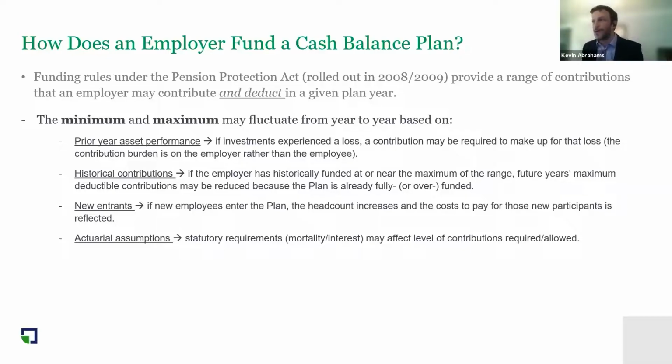So basically, the point is, as opposed to a defined contribution plan where you fund one year, it grows, and you don't look back, and you're just worried about the current year and the future, here, in a cash balance plan, everything plays together. What you do in year one, in some way, will directly impact what happens in year 8. So it's definitely a cumulative process that we're looking at.